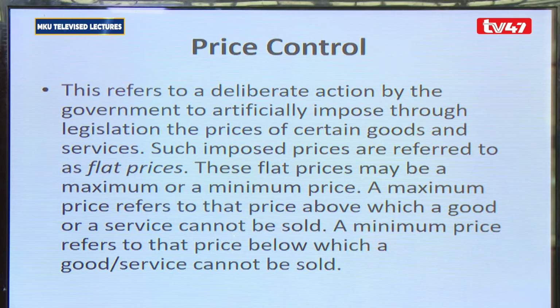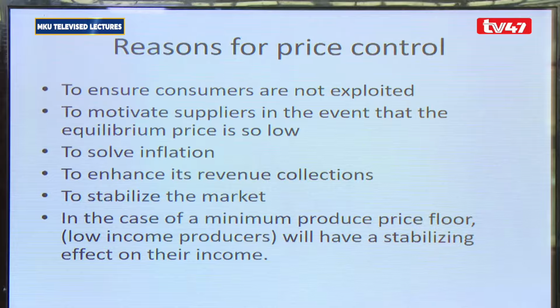When they set the price above the equilibrium, like we are going to look at shortly, we call that one the ceiling price. But before then, let's look at the reasons why price controls are set. Number one is to ensure that the consumers, as I've already said, are not exploited.